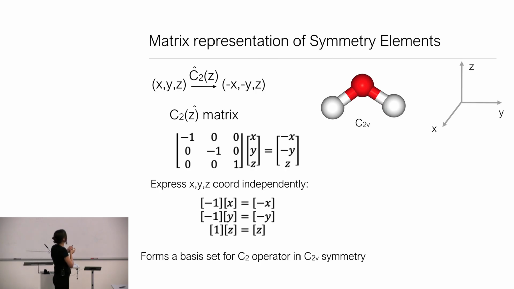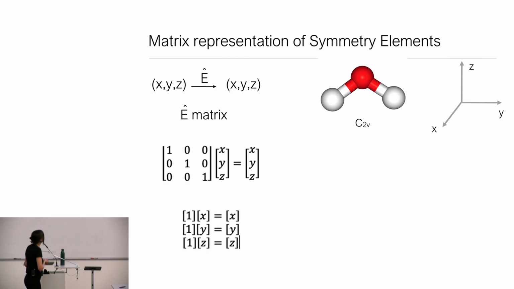So this is my C2Z matrix that I operate on my coordinates, and I get out minus X, minus Y, Z. I can then express these coordinates independently. So this forms the XYZ basis set for the C2 operator in C2V symmetry. This allows me to fill out part of my character table without ever having to look it up in the Cotton textbook, right? And then I can do the same thing with the identity.